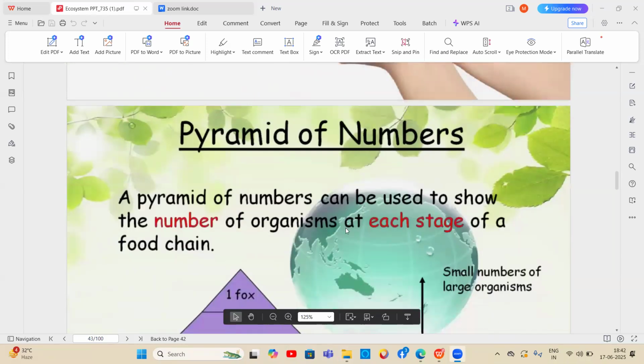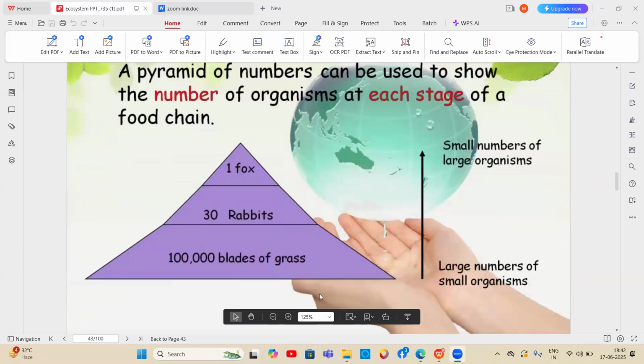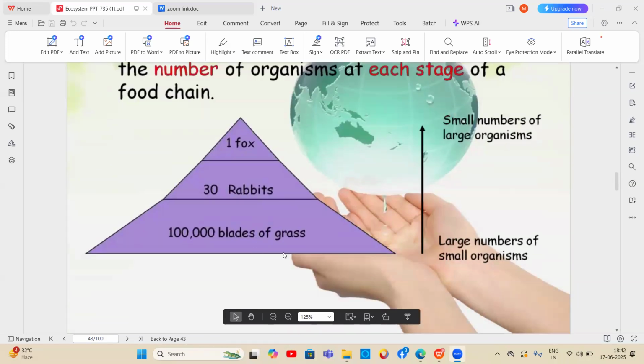A pyramid of number can be used to show the number of organisms at each stage of the food chain. In ecological pyramids, the base is always occupied by the producers.